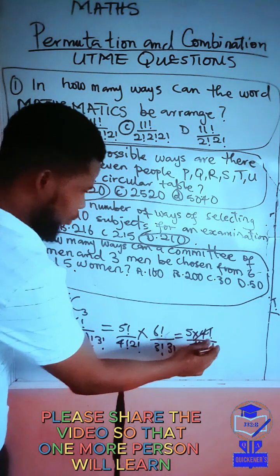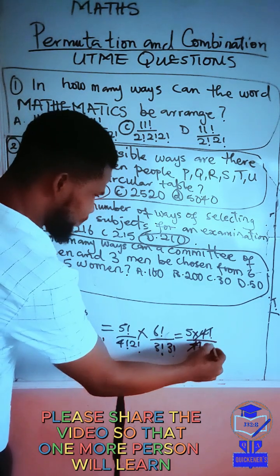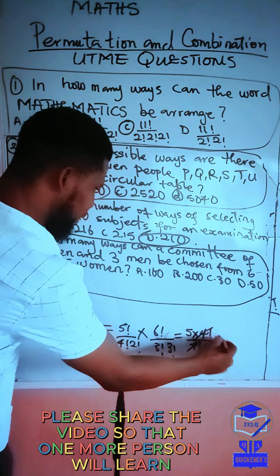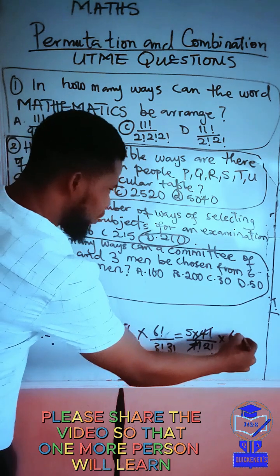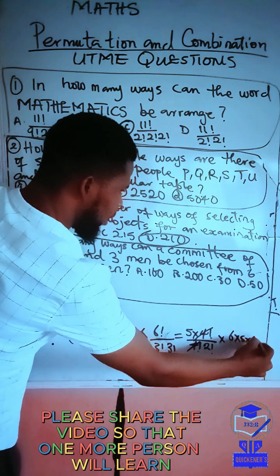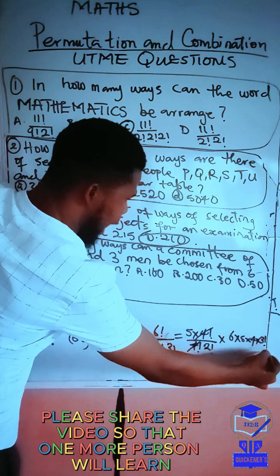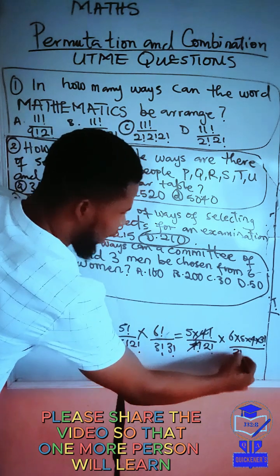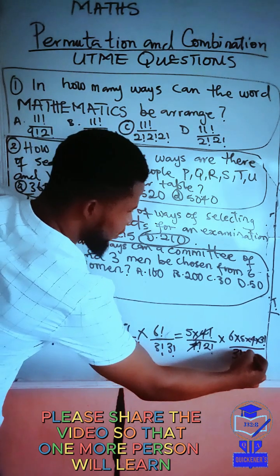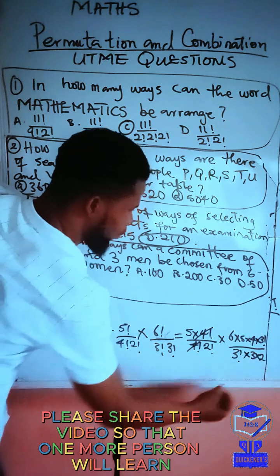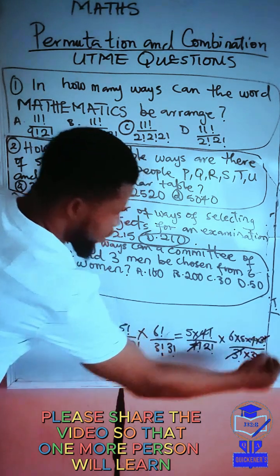Then for the next one, 6 times 5 times 4 times 3 factorial over 3 factorial times 3 times 2 factorial. So this 3 will cancel this 3.